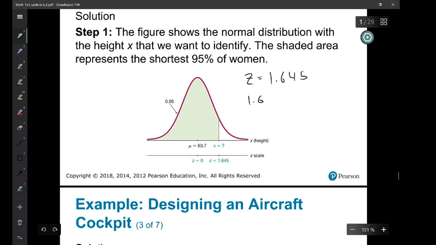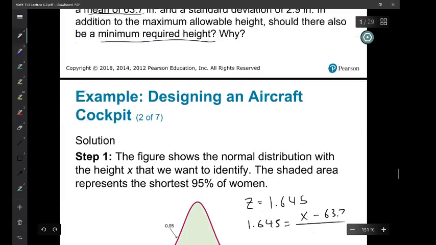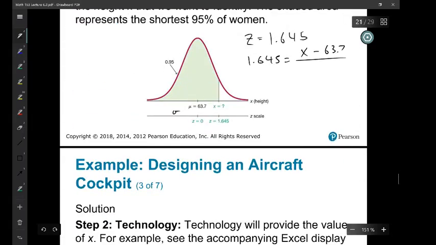And then use that to find out the x. So x minus mu, which is 63.7, over the standard deviation, which was 2.9, equals the z-score. Then multiply the 2.9 over.